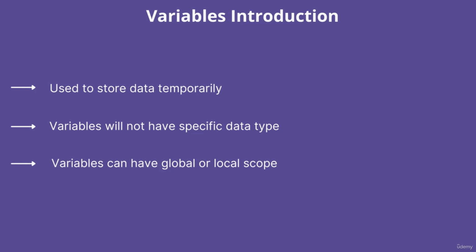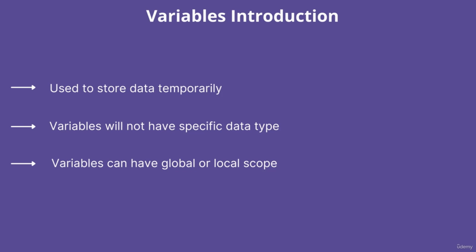As we have already discussed in the features of JavaScript, it is not a type safe language, so whenever you define any variable, it will not have any specific data type. So we will use the var keyword whenever we go for any variable declaration, and after that we can assign any type of value.